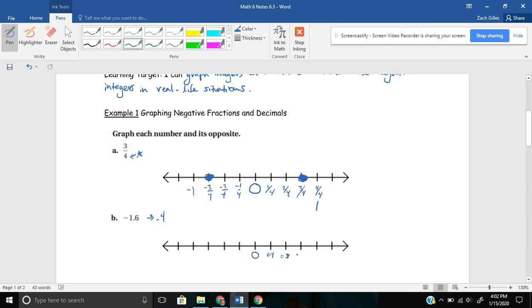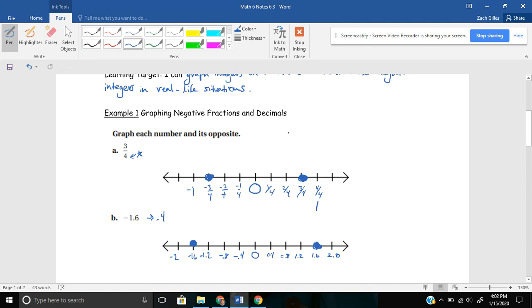Adding another 0.4 would be 1.2, and another 0.4 would be 1.6, and then finally 2.0 or 2. And then it would go the same in the next direction. Negative 0.4, negative 0.8, negative 1.2, negative 1.6, and negative 2.0 or negative 2. So graph negative 1.6 is right here, and the opposite would be positive 1.6.